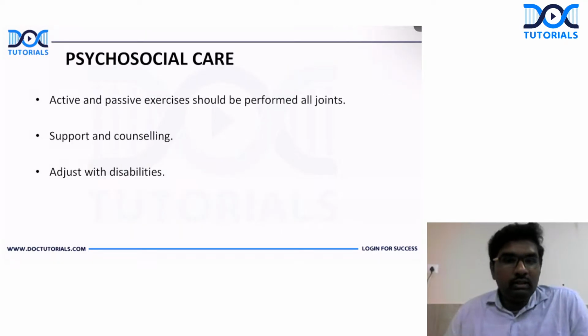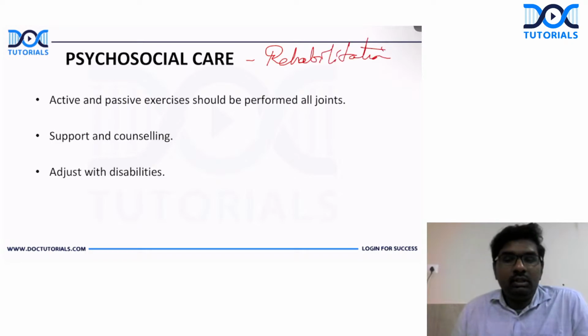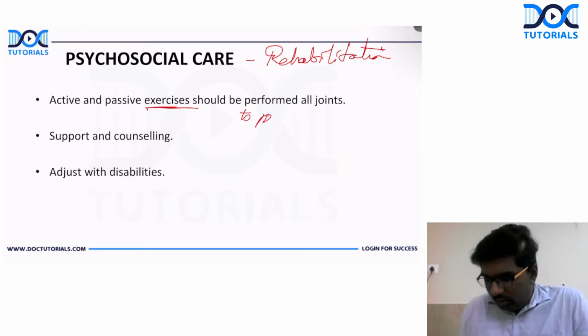And after all this, psychosocial care. This is an important thing in rehabilitation, nutritional rehabilitation, and also the psychosocial rehabilitation is very important. Here, active and passive exercise should be performed to all limbs to prevent contractures.